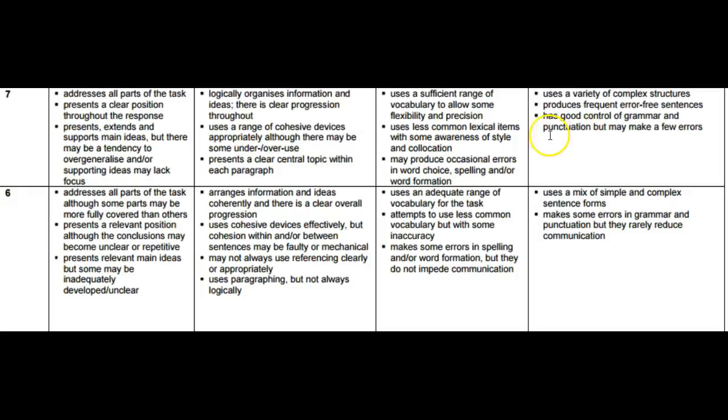In grammar, again, we get down to the area where it's about making few errors. To get a 6, you have to make sense. Even if you've made a lot of errors, as long as your writing can still be read and we still know what you meant, then you can get a 6. But to get a 7, you may only make a few errors.